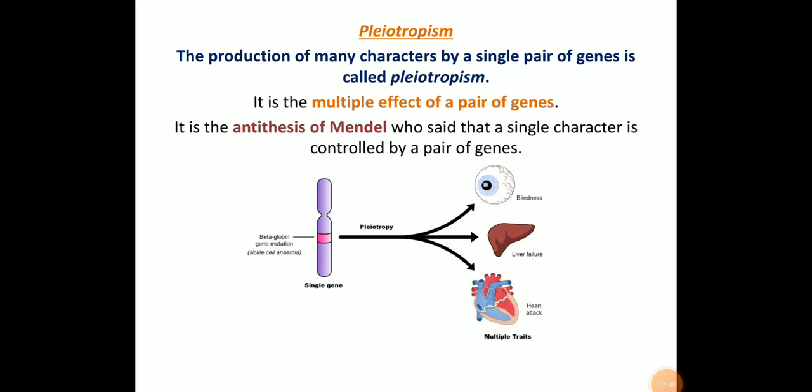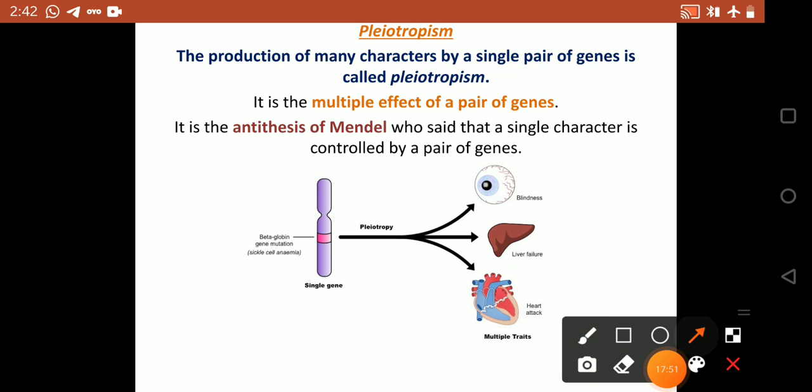As you can see, a beta globin gene mutation leads to pleiotropism, and that leads to blindness, liver failure and also heart attack. So one gene is changed but many disorders come.